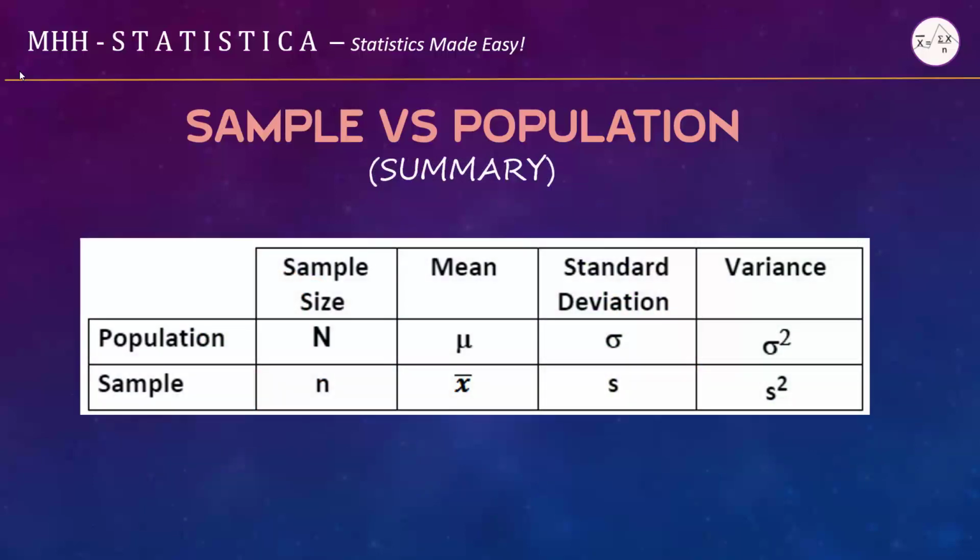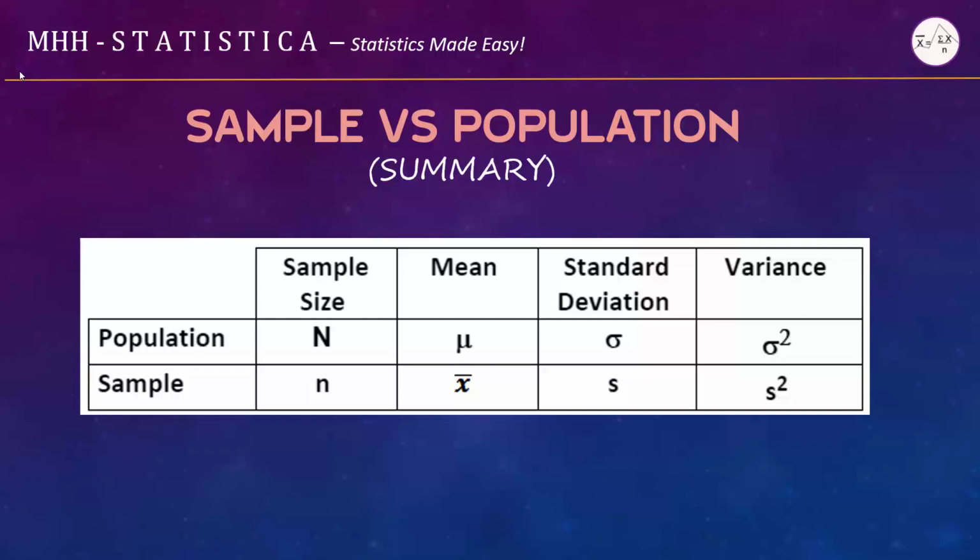In summary, the difference between population and sample is given by this. Sample size, we have the big N and the small n. Mean, we have mu and then x-bar. Standard deviation, we have sigma and then S. Variance, we have sigma square and S square.